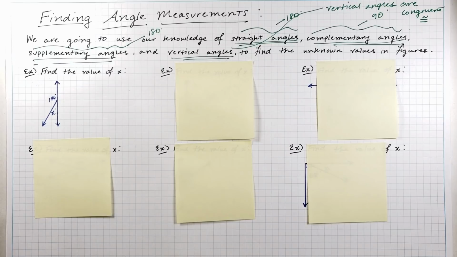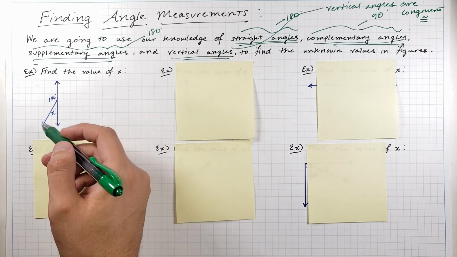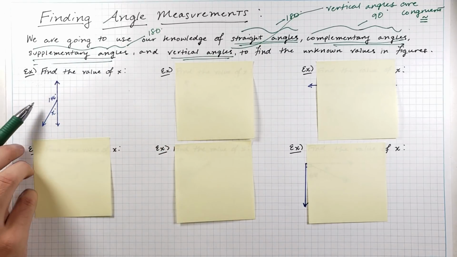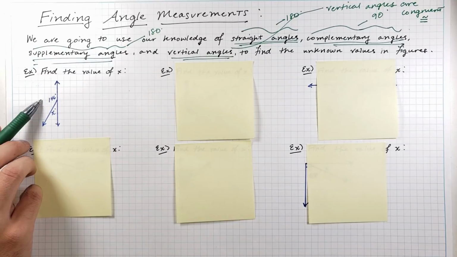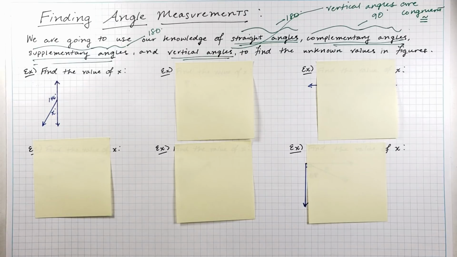This first example says find the value of x, right? You're given this straight line with a line coming out, and you can see that there's an angle here and an angle here that we don't know. That's why there's an x there, because we don't know the measure. So let's make some inferences.